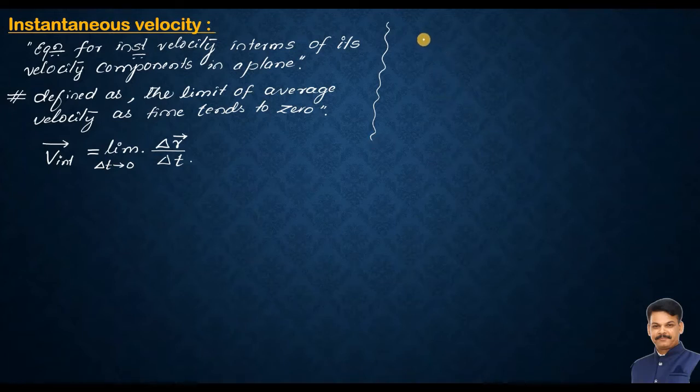Just to recall the previous discussion, average velocity is represented by the displacement vector divided by time. So we have written the limit of average velocity, that is dr by dt, as delta t tends to 0.